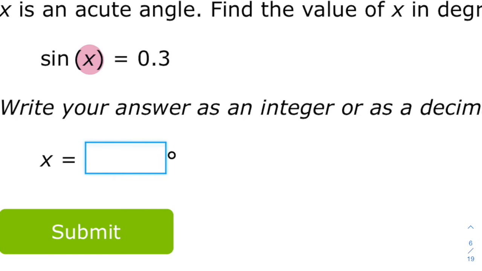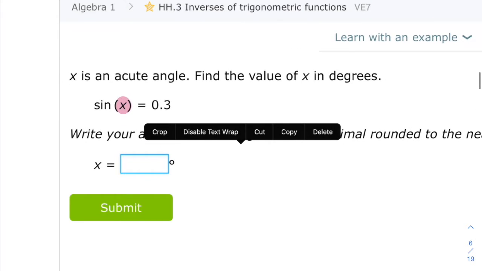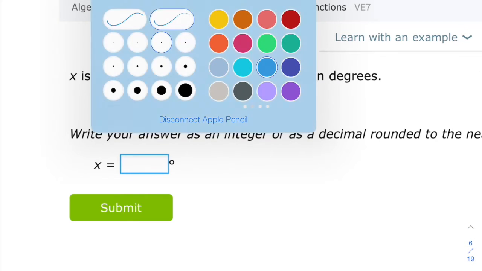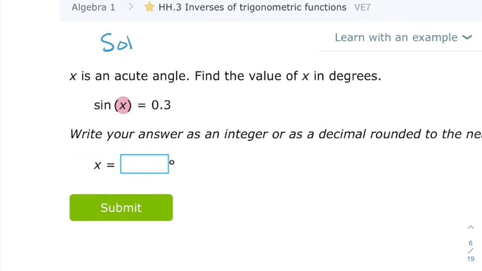So this is a really easy process. You have your sine of your angle. Let's always write this at the top, SOHCAHTOA, which is our relationship.